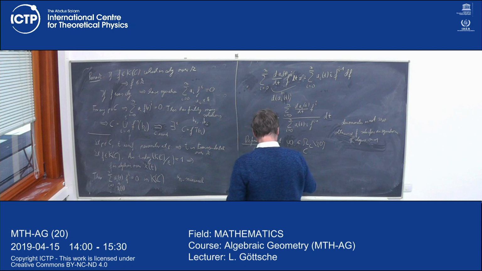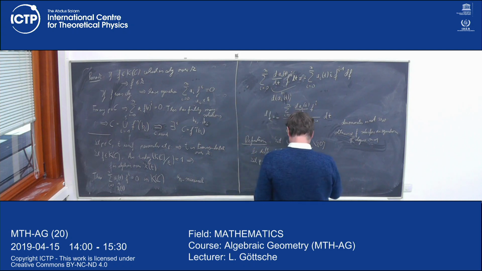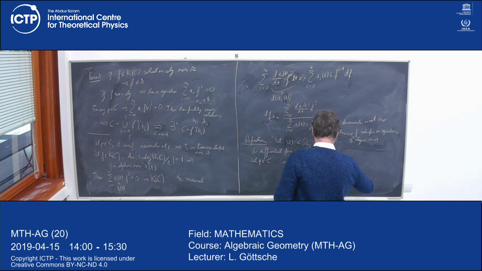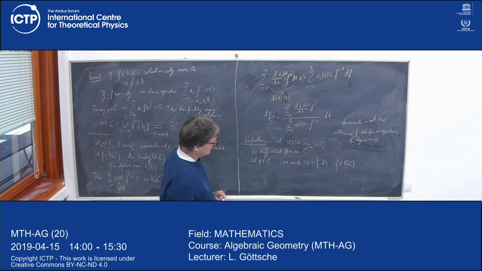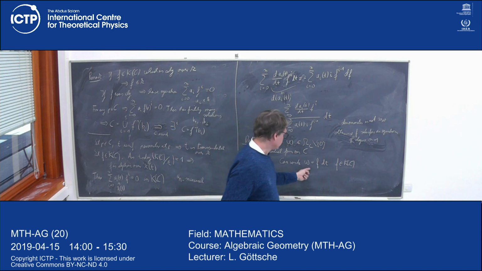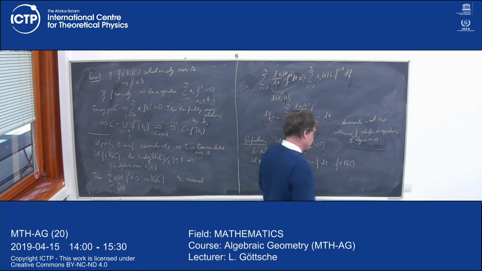So we can write, by our theorem, that omega is equal to f times dt with f an element in Kc. And f obviously, if it's not zero, is a non-zero element in Kc.